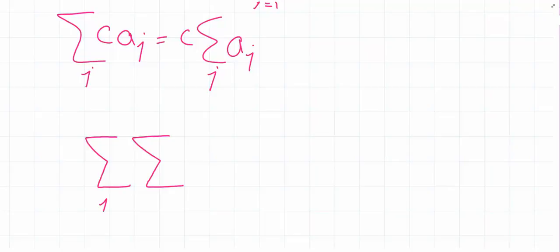Let's suppose that this is j goes from 1 to 3, and this is k goes from 1 to 2. And maybe I'll have something in here like a sub j and b sub k. Now this is something we're not going to work on a lot. I'll just show you how it works.